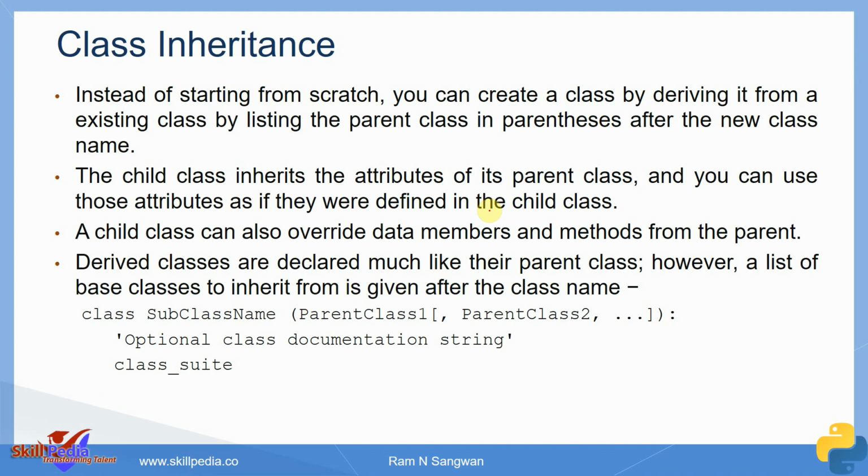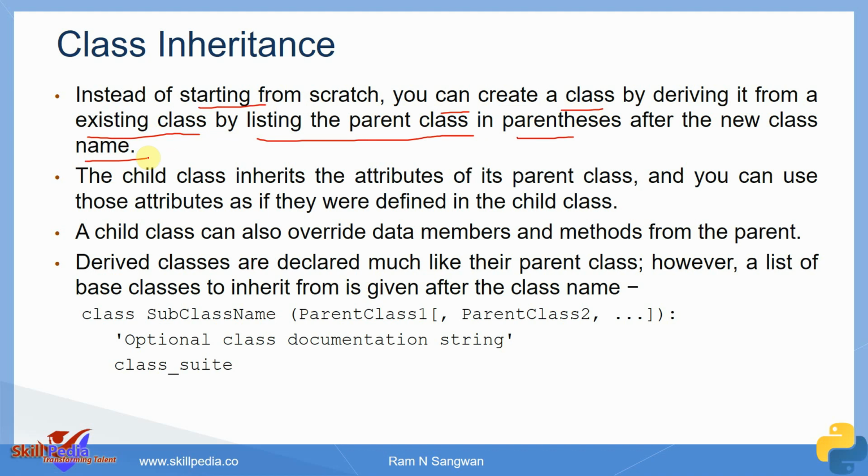Class inheritance. Instead of starting from scratch, you can create a class by deriving it from an existing class by listing the parent class in the parentheses after the new class name, which essentially means, as I was talking about, manager, employee. So employee is a super class, and I can create another class, manager, out of this employee, because a manager is also an employee.